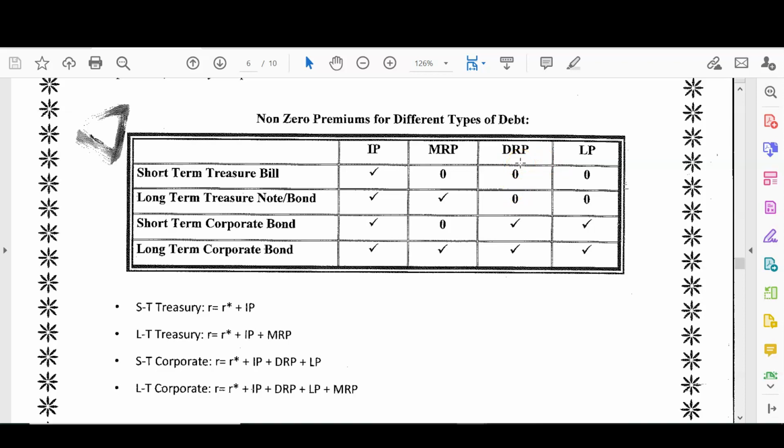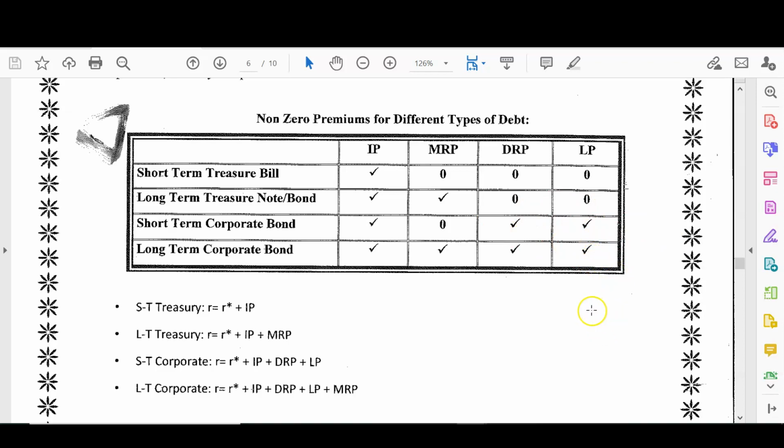You don't have to worry about not getting your interest. And we assume it has 0 liquidity premium because these treasury bonds, short-term or long-term, are very popular in the market. It's easy to find buyers to trade into cash. Only the short-term corporate and long-term corporate bonds have default risk premium and liquidity premium.